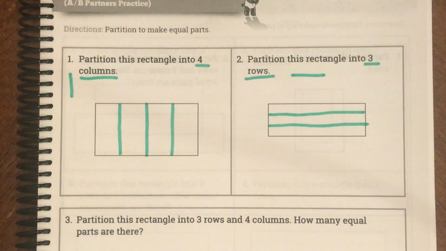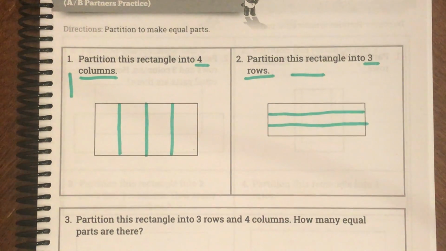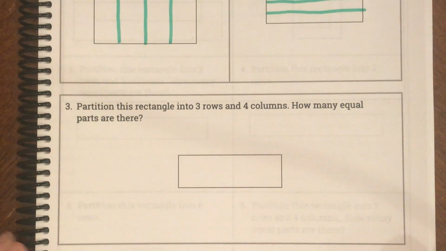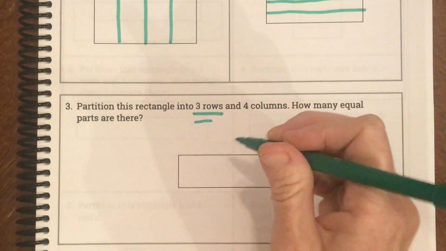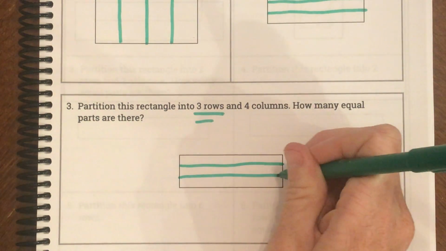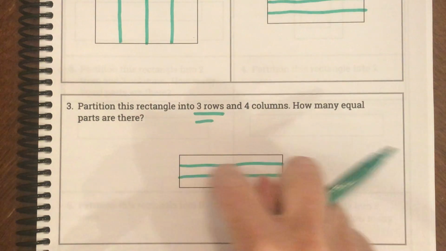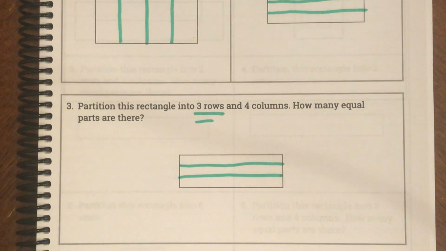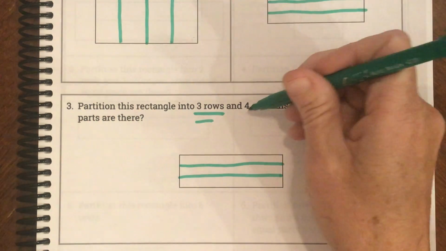So we had to draw 2 lines to get 3 rows. Okay, let's look at our next one together, our last one. It says, partition this rectangle into 3 rows. Okay, so that's what we just did, and rows are horizontal. So ready? 1, 2 lines gives us 1, 2, 3 rows. And they also want 4 columns.